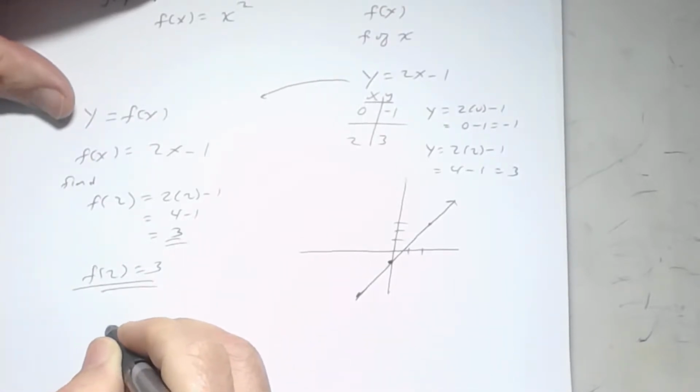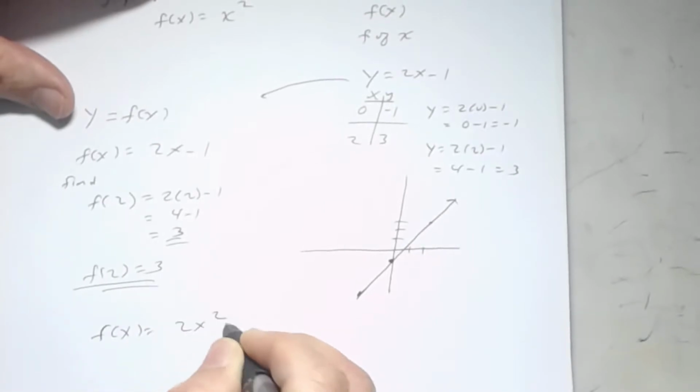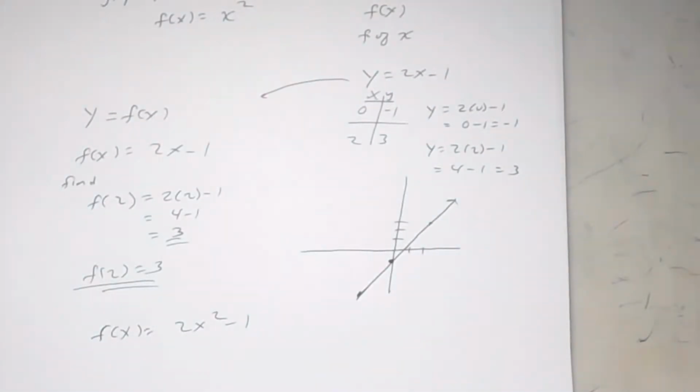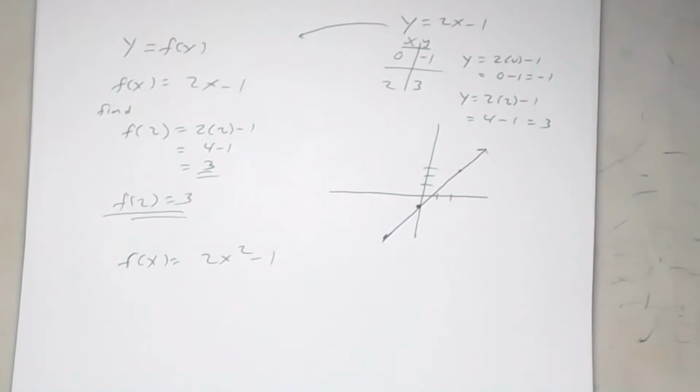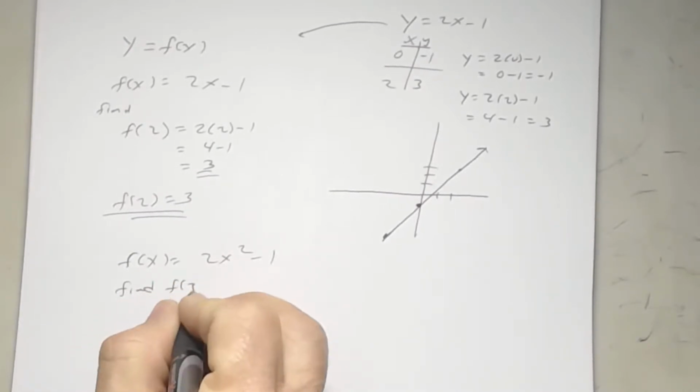So if I had this real quick, let's suppose I had f of x equals 2x squared minus 1. And all I want to do is to find out what f of, let's say, 3 is. Find f of 3.